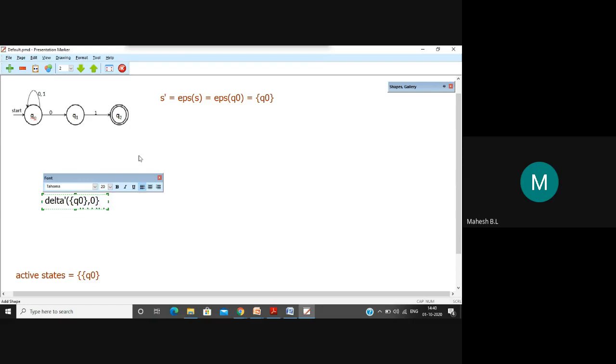Delta dash has to be computed for each of the states in the set of active states and for each of the symbols in the alphabet. So there are two symbols, 0 and 1. Delta dash has to be computed for 0 as well as 1. What is delta dash of Q naught comma 0?